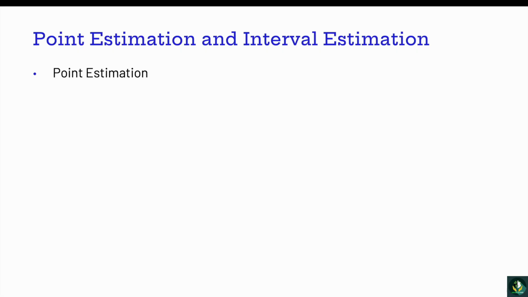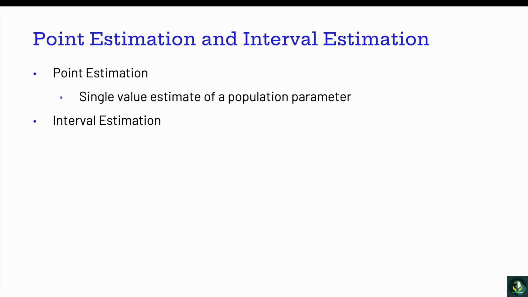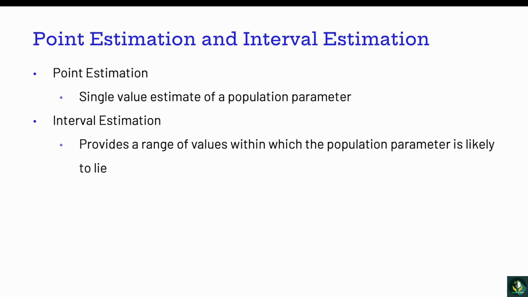Point estimation is a single value estimate of a population parameter. Examples include the sample mean, which is an estimate of the population mean mu, and the sample proportion, which is an estimate of the population proportion. Next, interval estimation. This provides a range of values, which is the confidence interval, within which the population parameter is likely to lie.